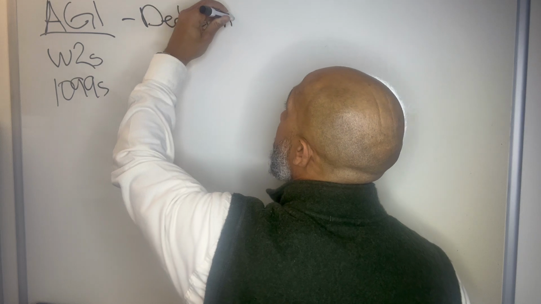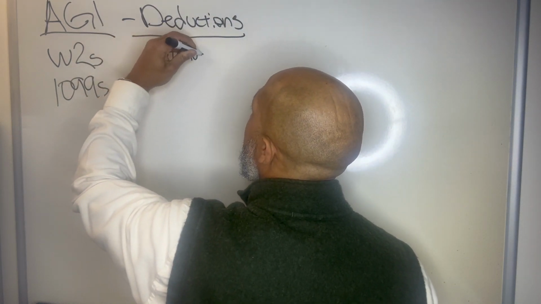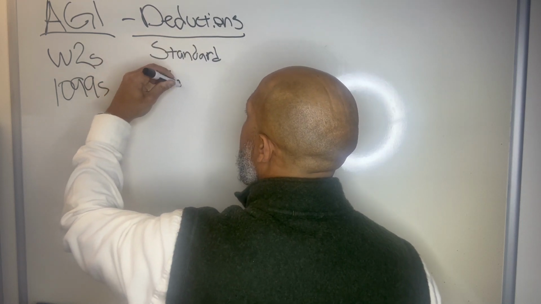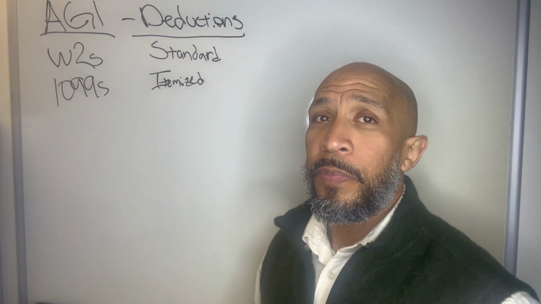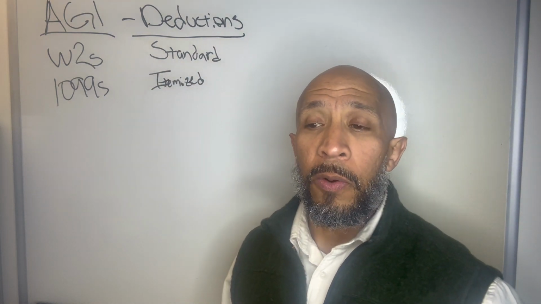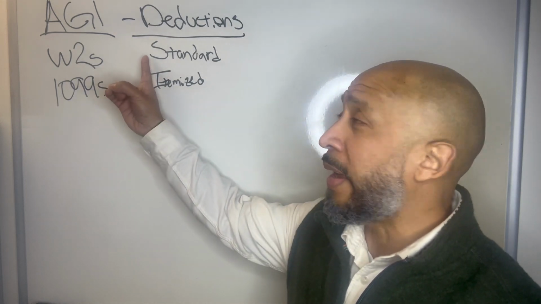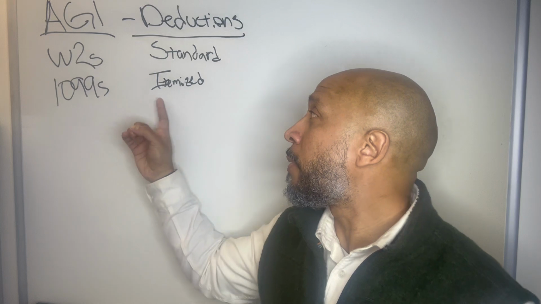There are two types of deductions. You have your standard deduction and you have your itemized deductions. If you are renting a home instead of owning a home, you probably would just go standard. But if you own a home or you have a small business, then you're probably going to go itemized.